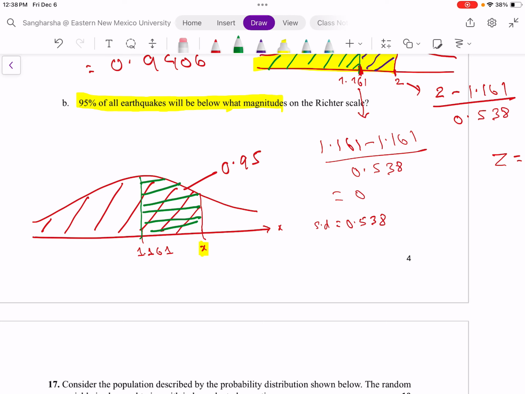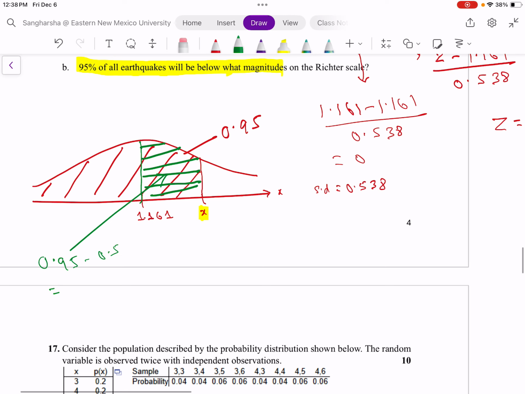It is half, 0.5, and the remaining will be this one. So the area of this region is 0.95 minus 0.5, which is 0.45.